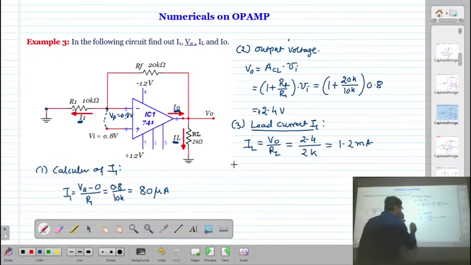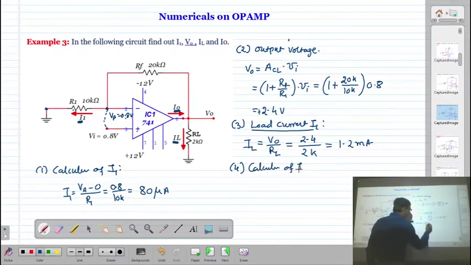And now finally you can calculate the output current, the calculation of IO. That output current is given as I1 plus IL. I1 is 80 microampere and IL is 1.2 milliampere.